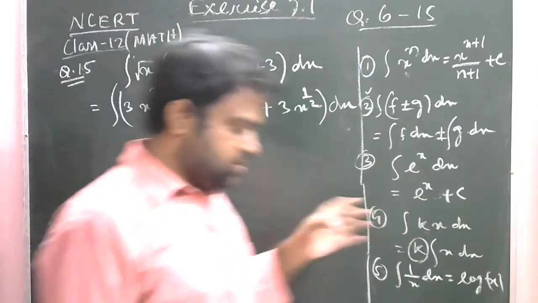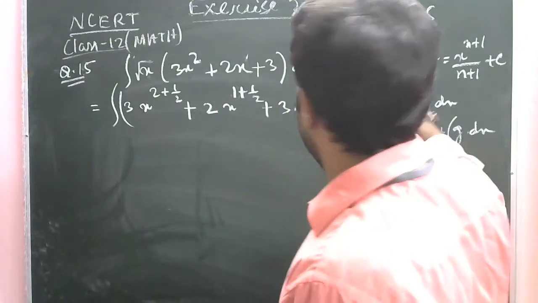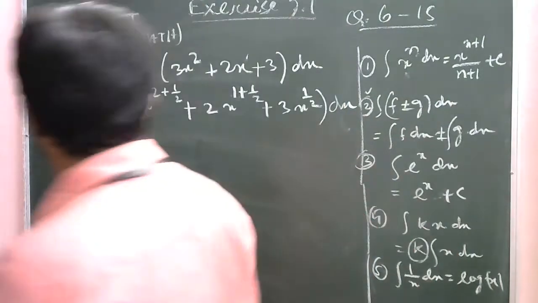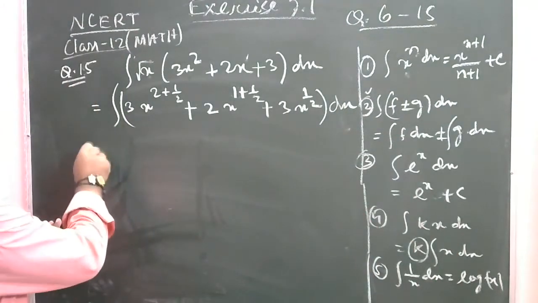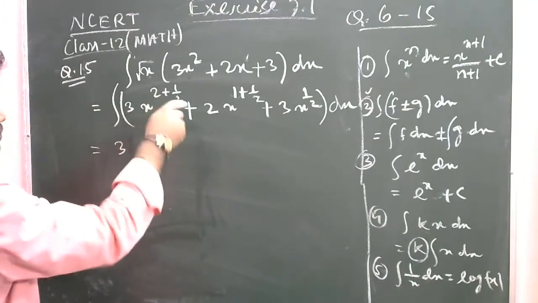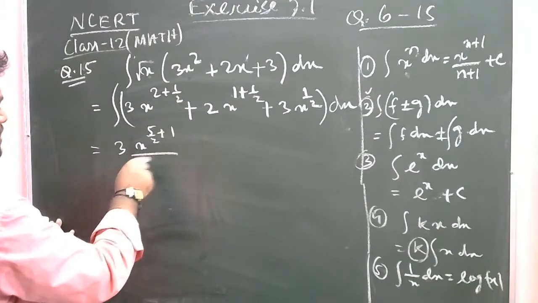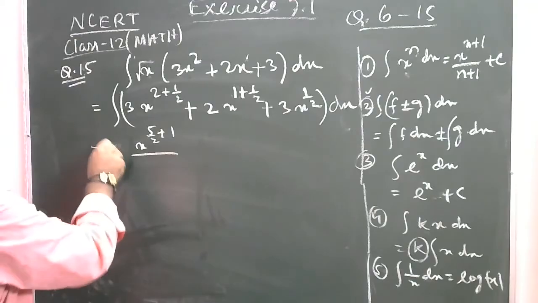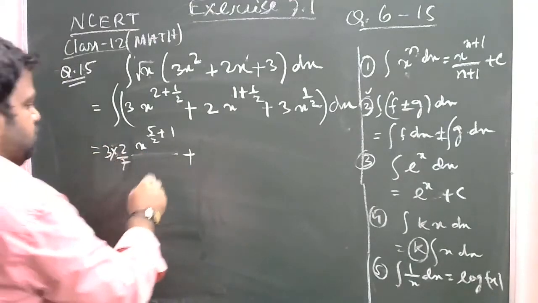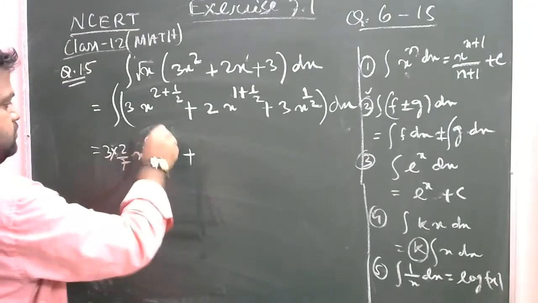So now the problem is easy. Now you will separate them and use the formula number 1. Easily you can do, I'll do this directly now. So 3. This is 5 by 2. Now 5 by 2 plus 1. So this is 5 by 2 plus 1, that is 7 by 2, means 2 by 7. Directly I am writing x to the power 5 by 2 plus 1.